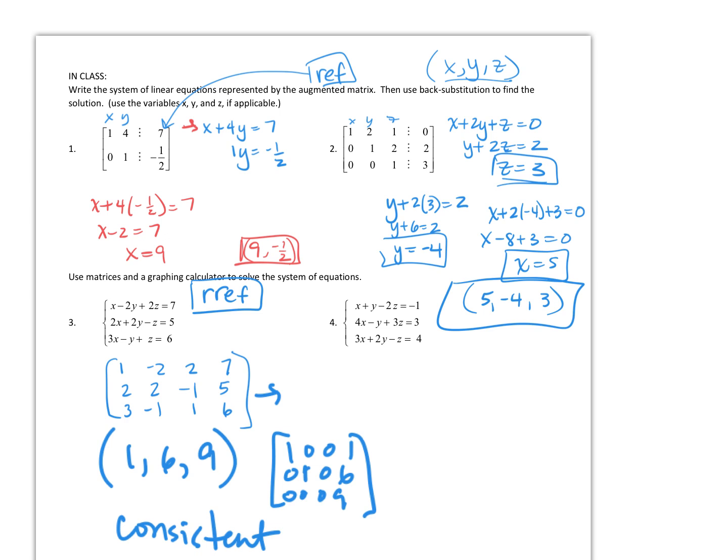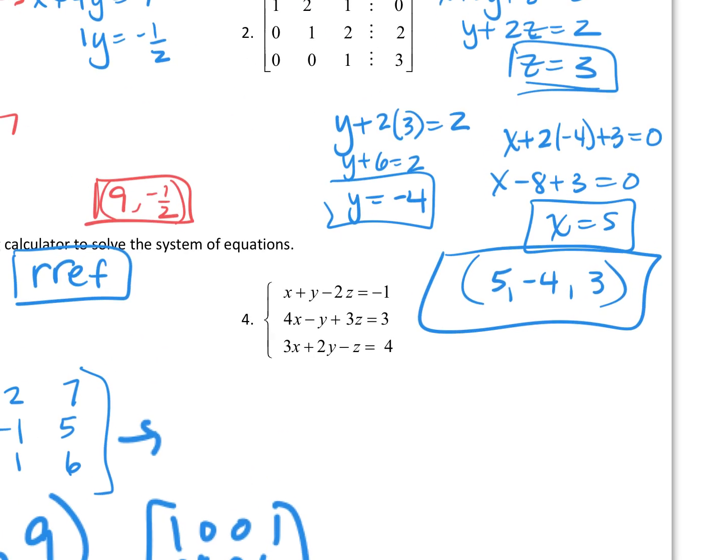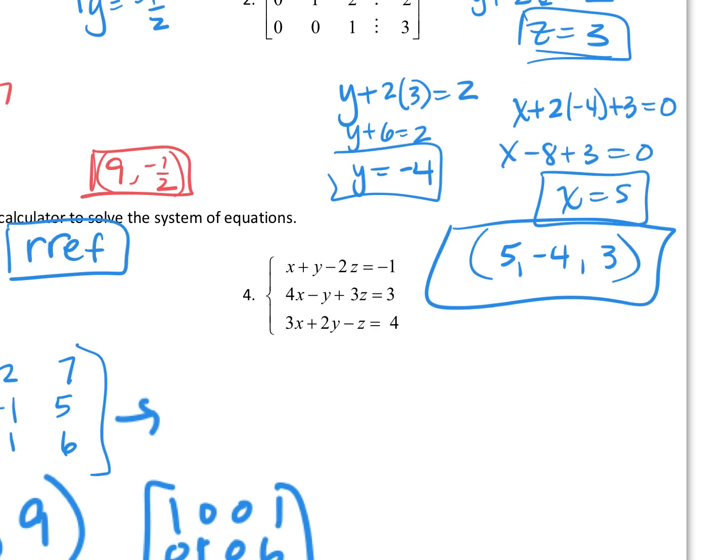So let's try number 4. Okay? Hardest part is remembering how to put this in your calculator. So number 4 looks like it's the same size, doesn't it? -2.